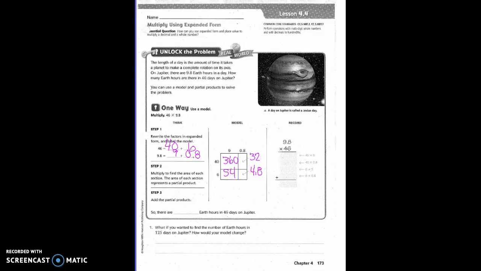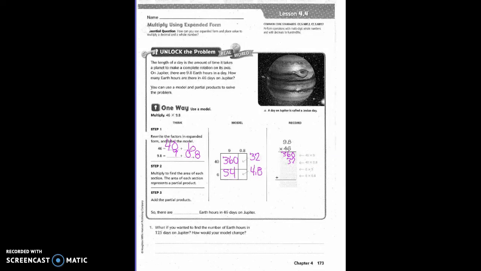Now we have to plug that model in over here to the actual problem. So if we were going to work this like we normally would, we would take 6 times 8, or, well, what they did was they did their place values instead. So we said 40 times 9 was what, guys? 360. We said 40 times 8/10 was 32. And then you have to make sure everything stays in line, right, guys?